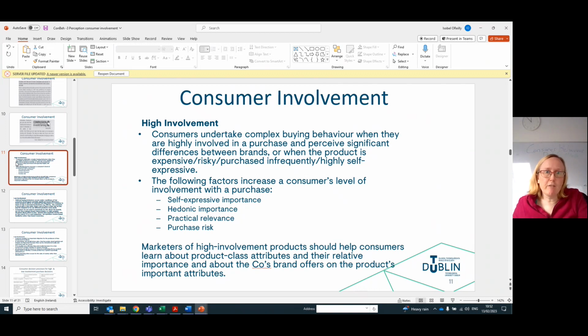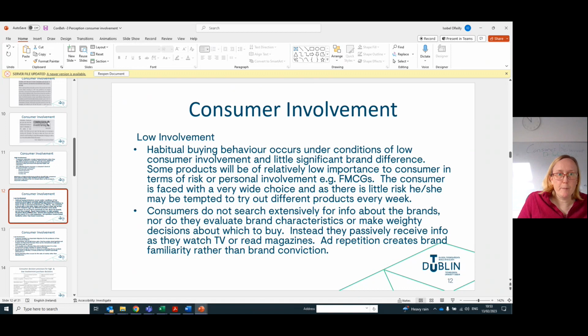Something that is high involvement for somebody will be low involvement for another person. So marketers with high involvement products should help consumers learn about product class attributes and their relevant importance, and about the company's brand offers on the product's important attributes. So give them the information that they're looking for.